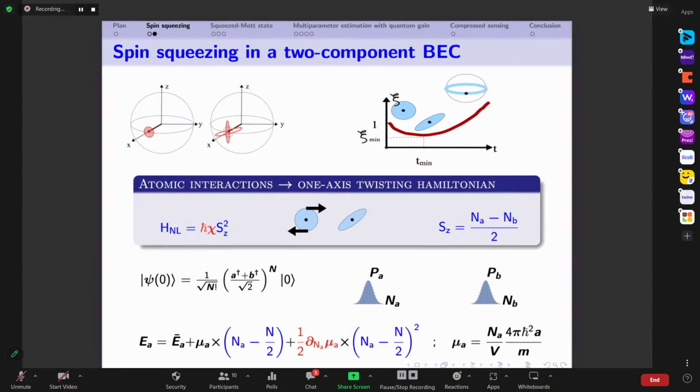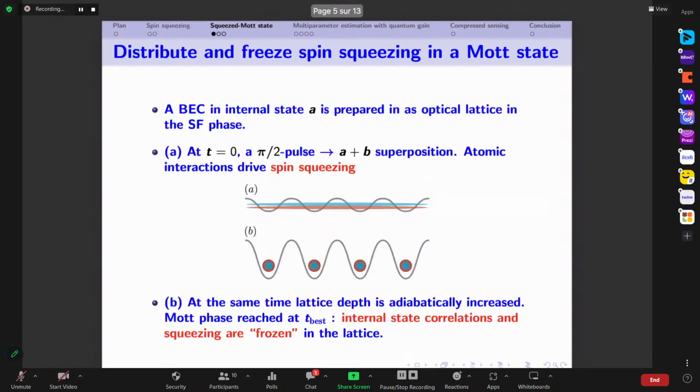Okay, so this was realized indeed in Bose-Einstein condensates, spin squeezing, and it was also shown that it can improve the measurement of a single parameter. Now we want to go further, and actually we propose to generate in this way a spin squeezed state, but at the same time we want to split it and freeze it in an optical lattice.